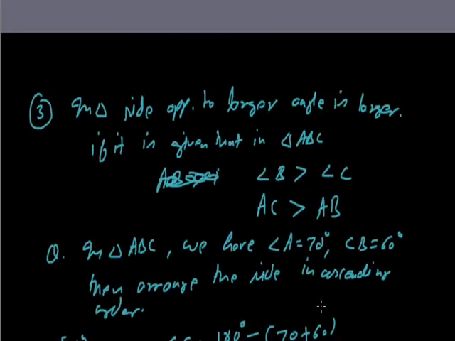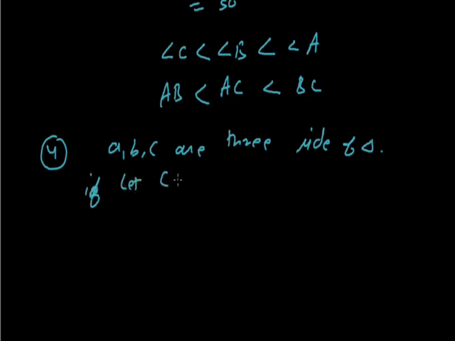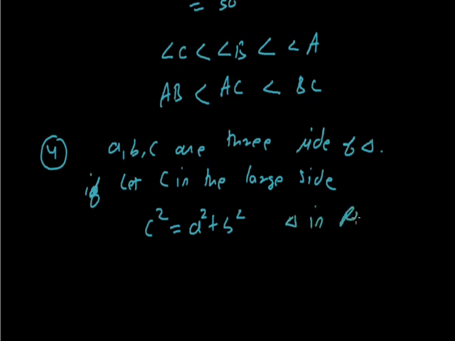The next property of triangles is: if we are given three sides of a triangle, let's say a, b, c, and c is the larger side, then if c square is equal to a square plus b square, we can say that the triangle is a right angle triangle, because it is the condition of Pythagoras theorem: the larger side squared equals the sum of the squares of the other two sides.